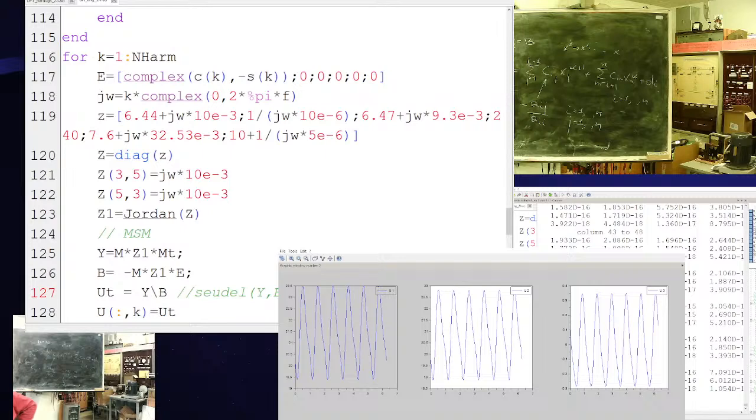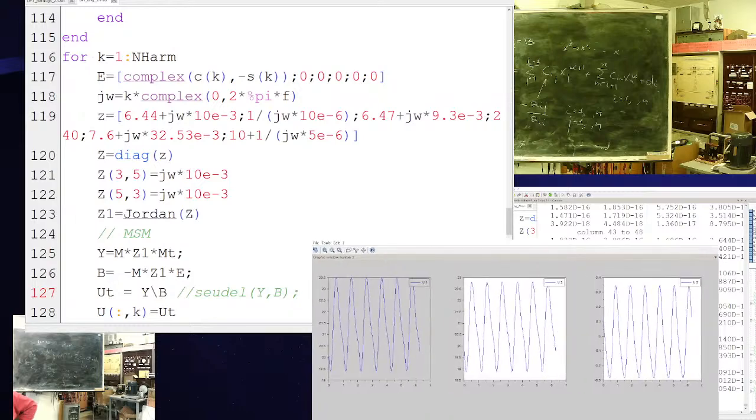Oh, I got something fine. You see what I got? Nodal voltages. Can we check it?